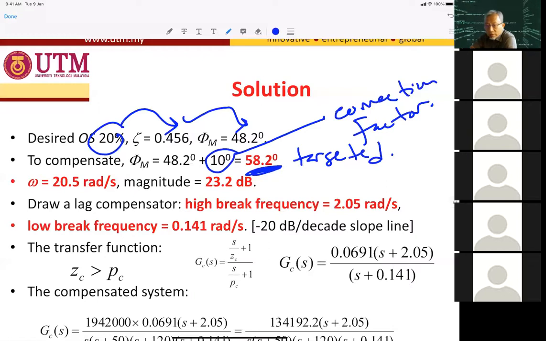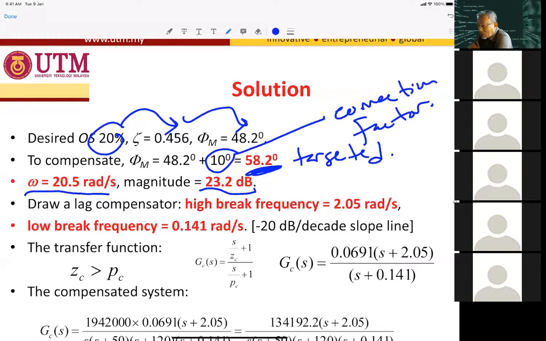Yes, we are following the Nise book. So 10 degrees. To achieve 58.2 degrees, the gain crossover frequency is 20.5 radians per second at a magnitude of 23.2 decibels.